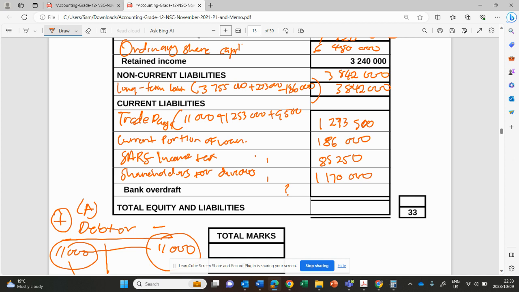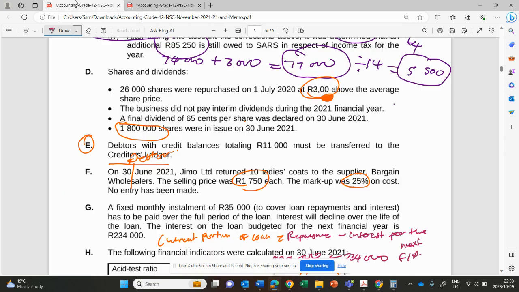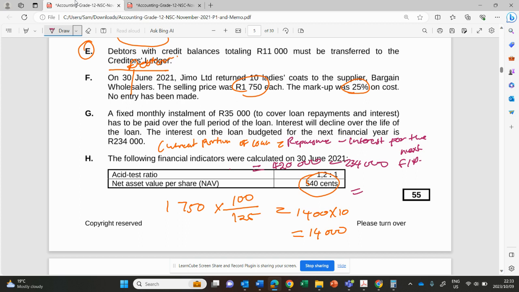So we don't have the bank overdraft there. It is the balancing figure. Then let's check the financial indicator that we're given. Okay, we're given the acid test ratio.